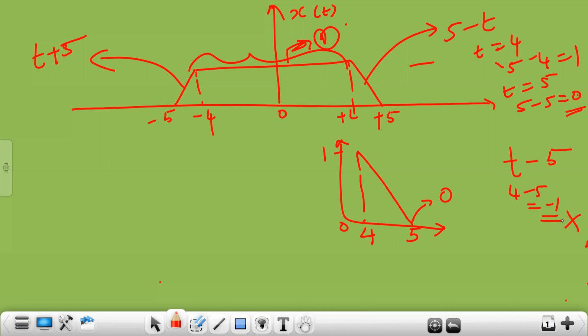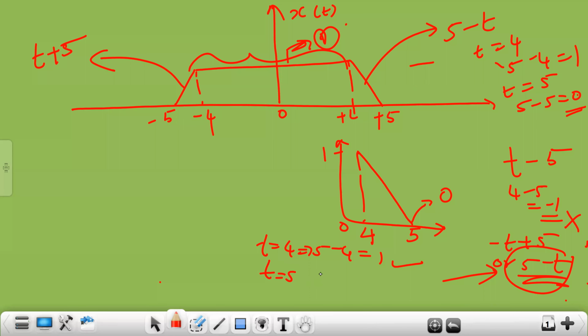So the answer is minus t plus 5, or 5 minus t. Now put t equal to 4: 5 minus 4 is 1. It is okay. And put t equal to 5: 5 minus 5 is equal to 0. It is also okay. So the final answer is 5 minus t for that particular graph.